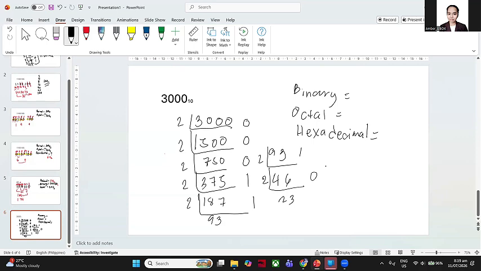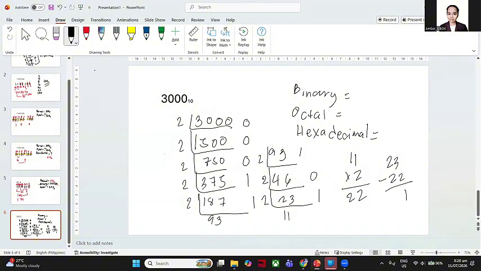So 0. Always remember that when it is not divisible by 2, there's always a remainder. So 23 divided by 2 is 11. Let's check: 11 times 2 is 22. 23 minus 22 is 1.